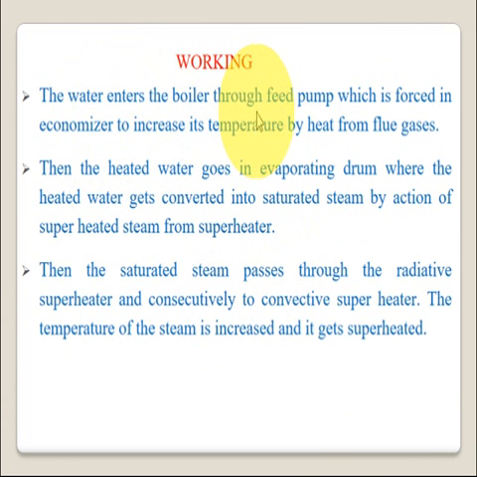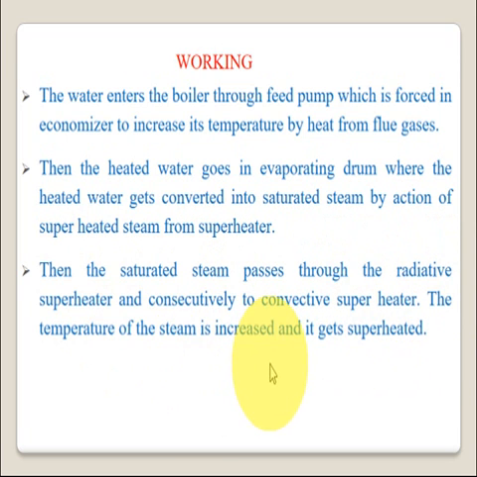The water enters the boiler through the feed pump, which forces it into the economizer to increase its temperature by heat from flue gases. Then the heated water goes into the evaporating drum, where it gets converted into saturated steam by the action of superheated steam from the superheater. Then the saturated steam passes through the radiative superheater and consecutively to the convective superheater.